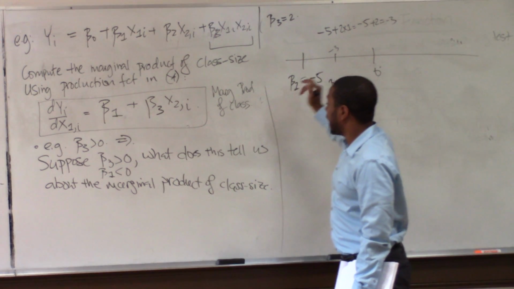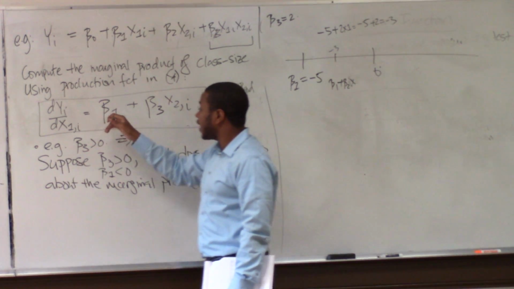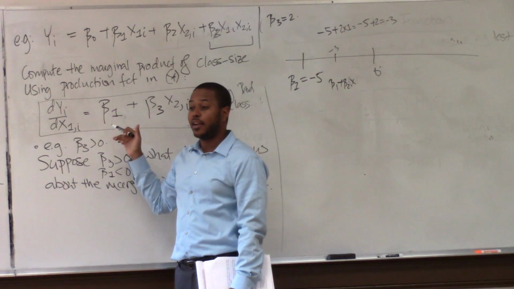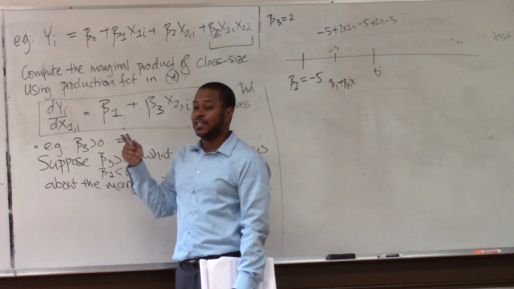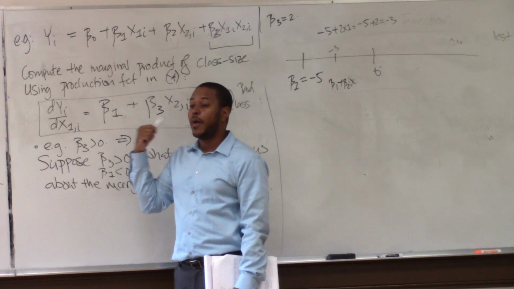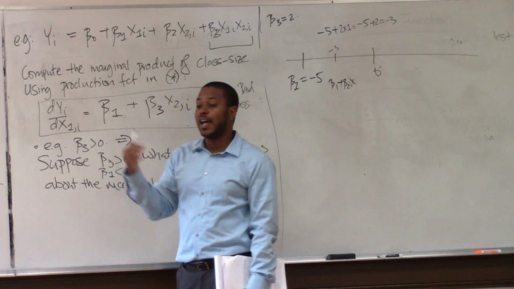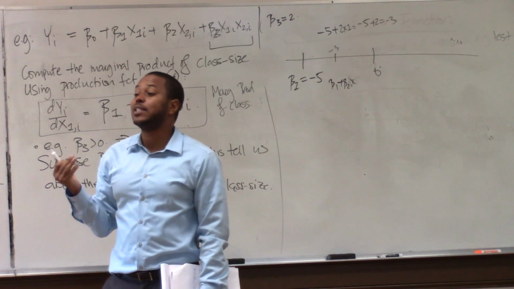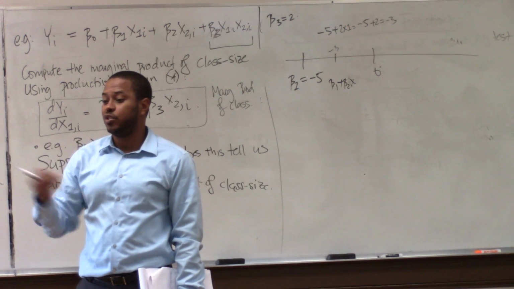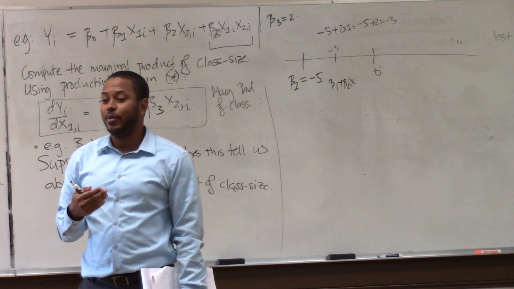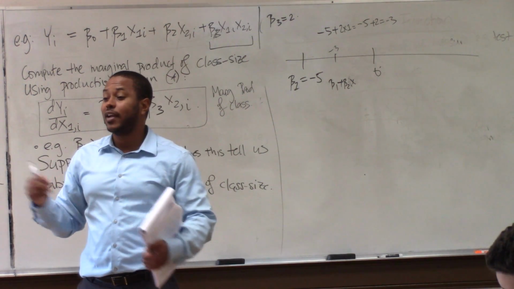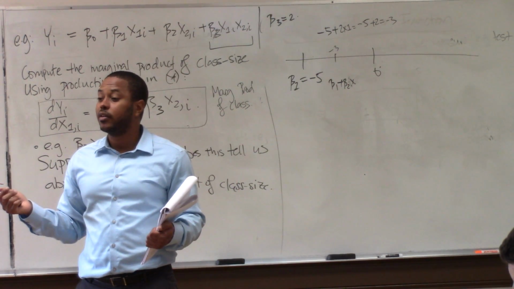So what this is saying is that the effect of class size on student outcomes is negative. But if we look at a class that has a better teacher, the effect of class size on outcomes is going to be less negative because that better teacher is going to be able to mitigate the direct negative effect of class size on the output.